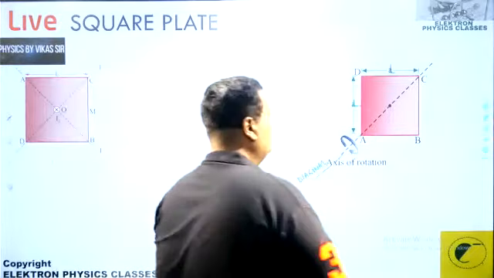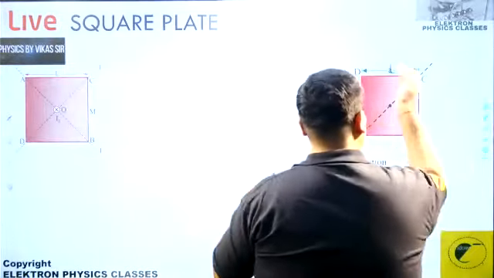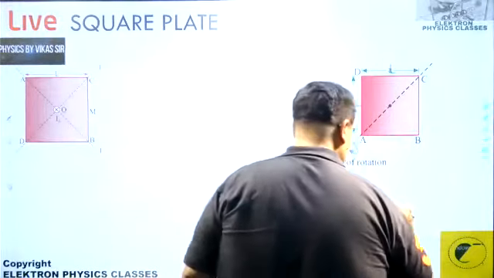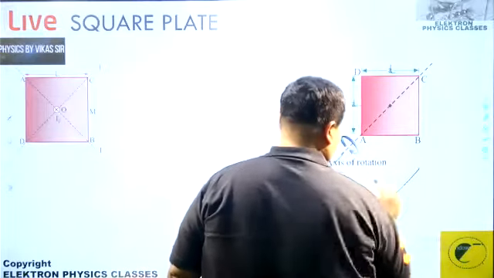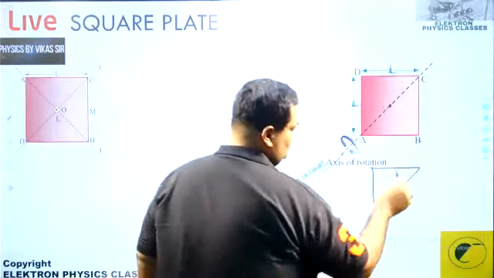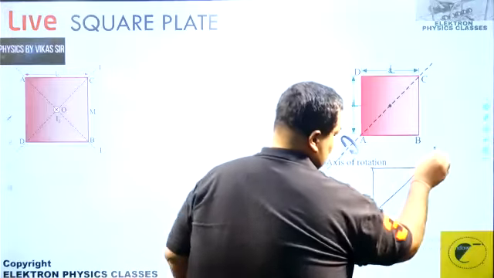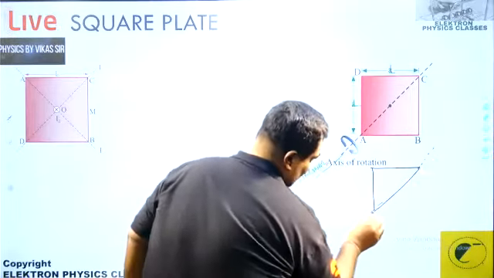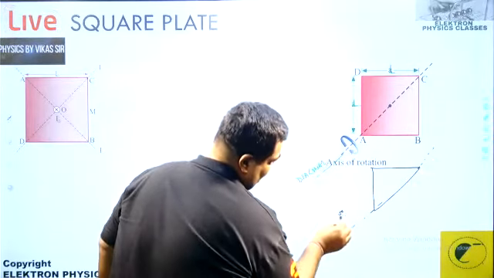How do I do it? It splits into two separate triangles. This is one triangle, and for this triangle, this axis is the base axis.